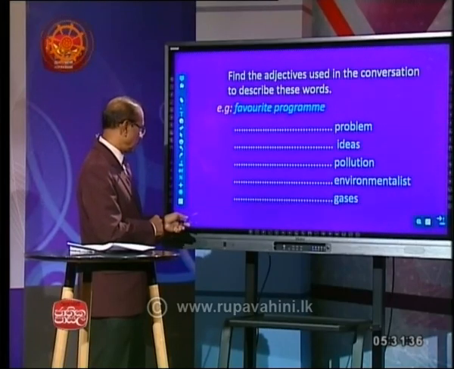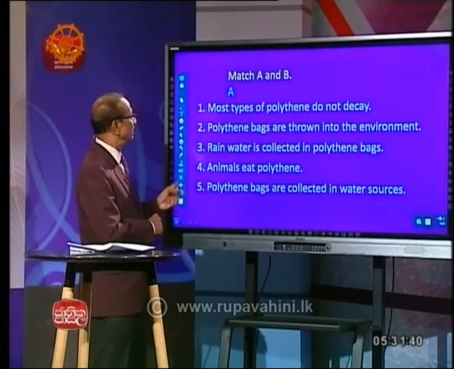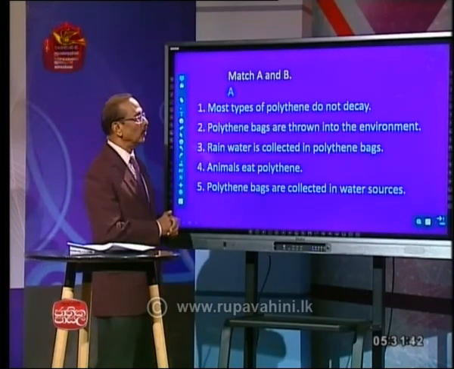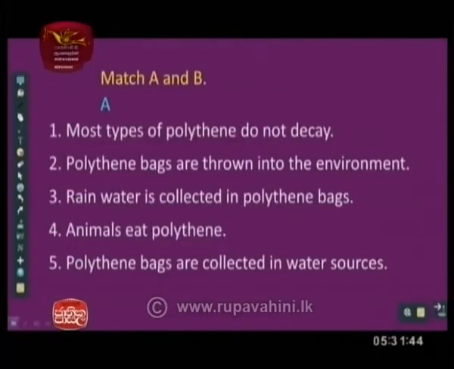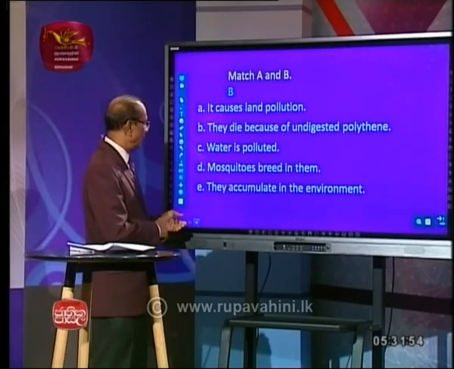Now, let us move back to A again. Polythene bags are thrown into the environment. So, what happened? It causes land pollution, or you can use this also, they accumulate in the environment. Now, let us go back.